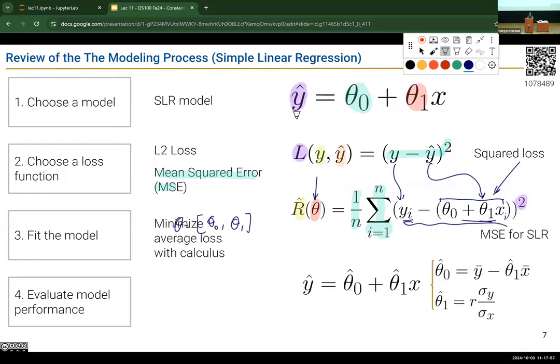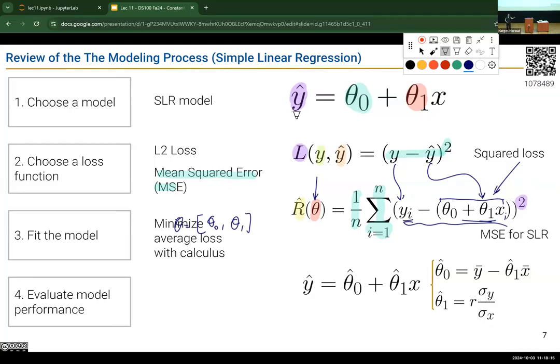We also talked about at the end that we need to actually go ahead and estimate the optimum set of parameters. We did the calculus. We went ahead and calculated the partial derivative of the risk with respect to theta 0 and also with respect to theta 1. Two equations, two unknowns.